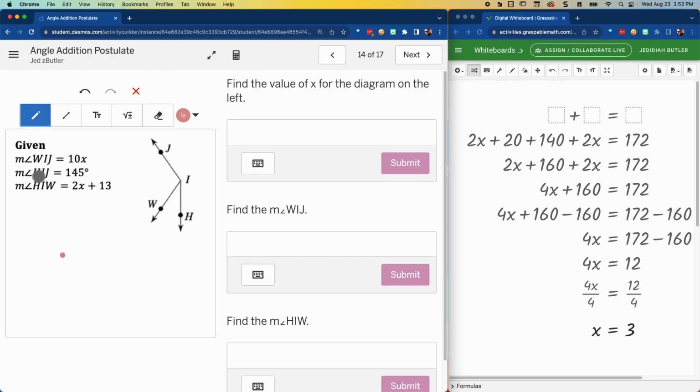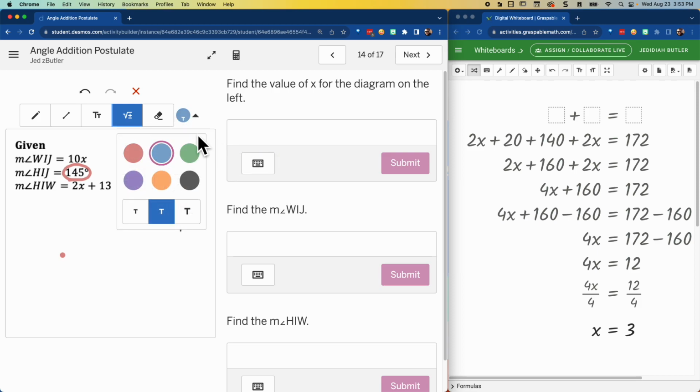All right, let's see which of these winds up being the total angle, the red part. So we have WIJ, that's this corner here, and HIJ, that's the total. So the 145 is going to wind up being the total. And that means that I have 10x for WIJ. So 10x in this corner.